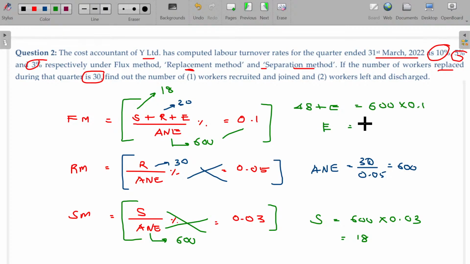Otherwise, E is equal to 60 minus 48 is equal to 12. 12 will be the final answer. Shall I move on to the next one?